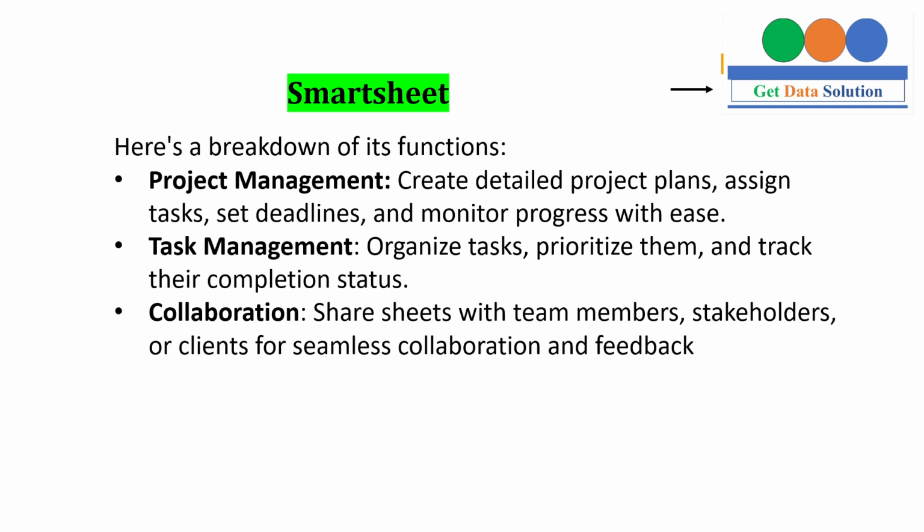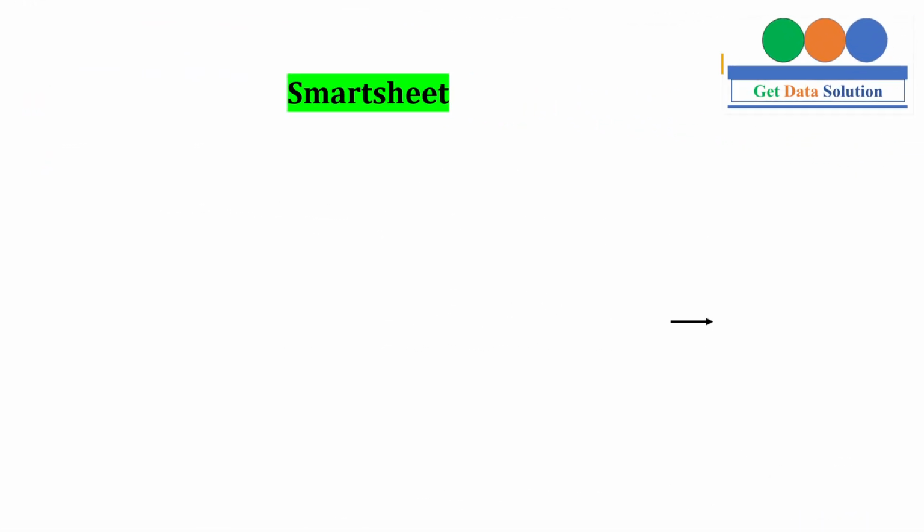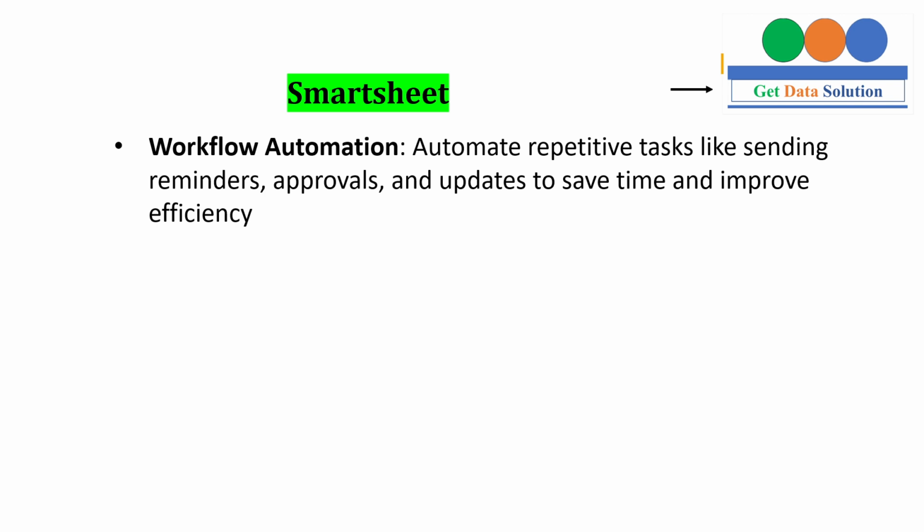You can use it for collaboration purposes. You can share sheets with team members, stakeholders, or clients for seamless collaboration and feedback. The other purpose of Smartsheet is workflow automation. You can automate repetitive tasks like sending reminders, approvals, and updates to save time and improve efficiency.